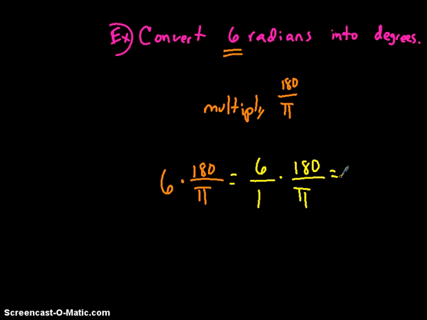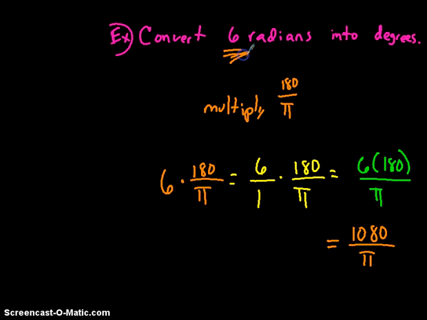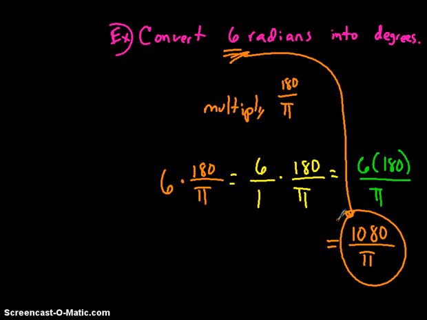When you multiply that, you have 6 times 180, divided by pi, and 6 times 180 is a really big number: it's going to wind up being 1080 divided by pi. So 6 radians is the exact same thing as 1080 over pi. Some of them come out to be things like that.